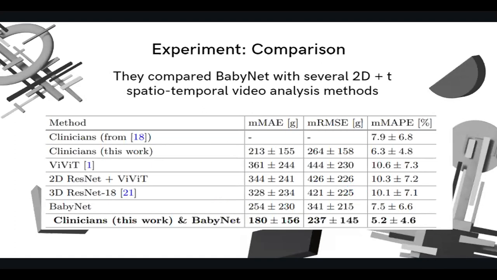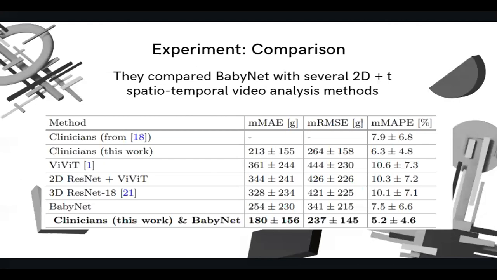And the second results are obtained by the clinicians that work with them for the dataset. And then the third is the result of video vision transformer. The fourth is a hybrid of 2D ResNet 50 and the video vision transformer that I mentioned before. And the fifth is the base neural network without the replacement of the 3D ResNet.